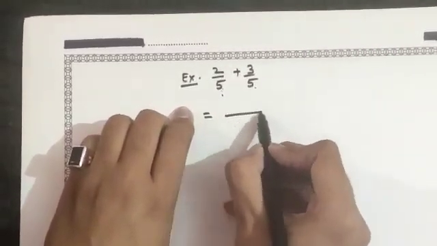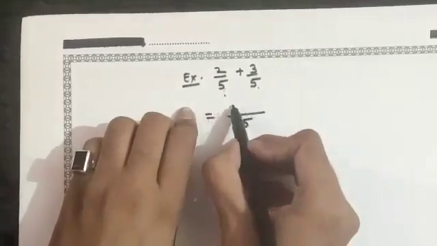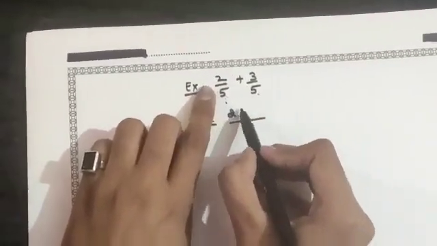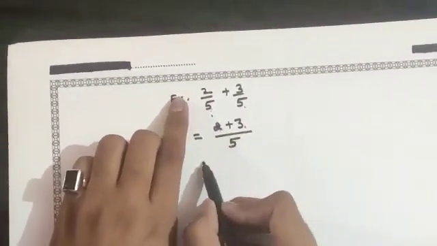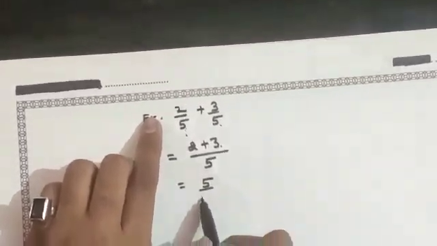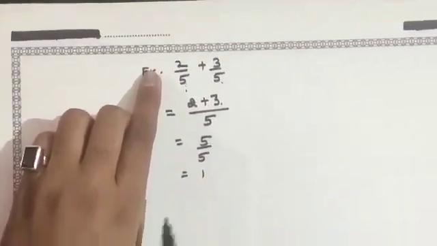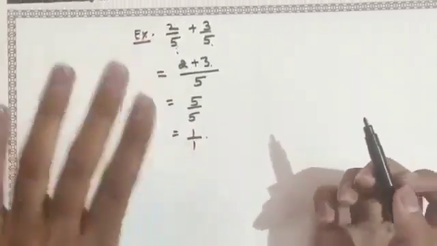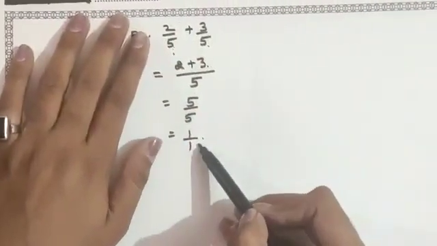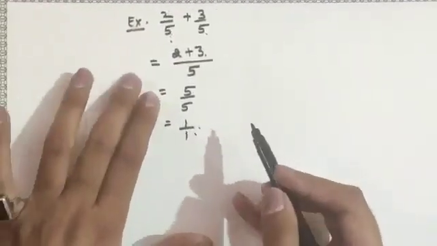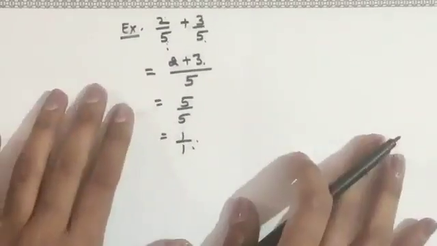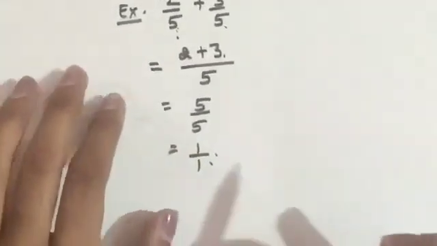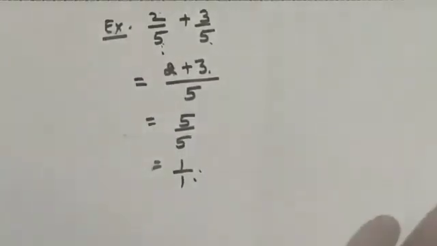Since the denominators are the same, we just add the corresponding numerators. So it will be 5 by 5, which is 1, which can be written as 1 by 1, which is a rational number. So the sum of two rational numbers will also be a rational number. This is just an example. You can add any rational numbers, and you will see that the addition of rational numbers will always be a rational number.